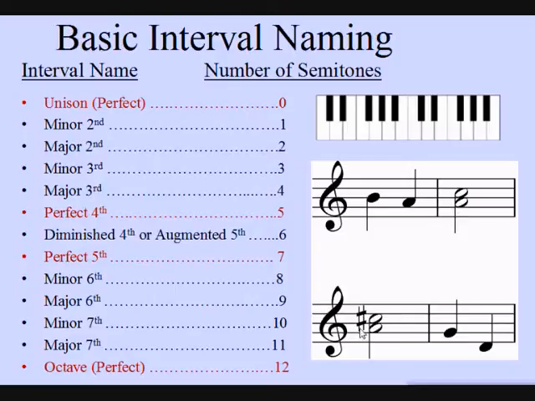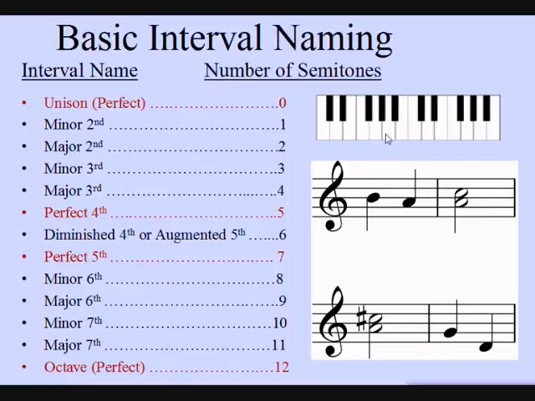But let's count the number of semitones of separation between the two notes. This is an A and this is a C sharp. We remember that keyboard count starts with 0. 0, 1, 2, 3, 4.